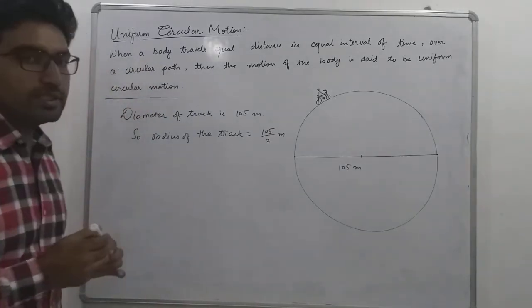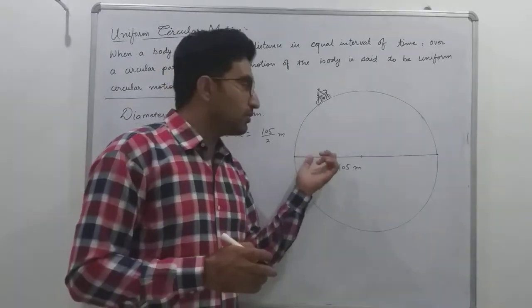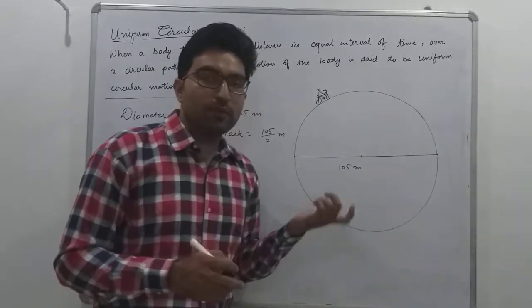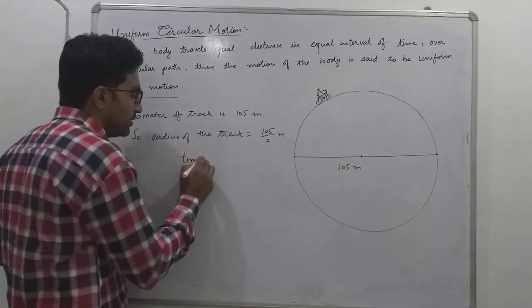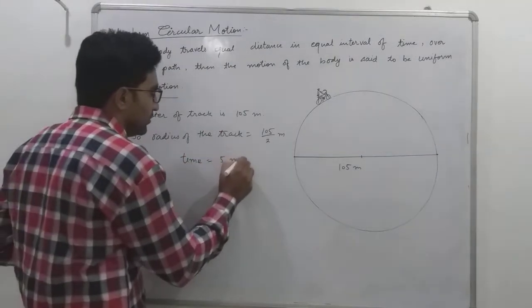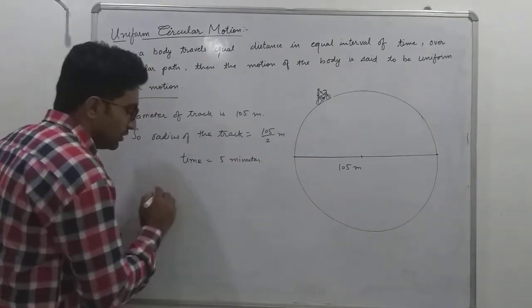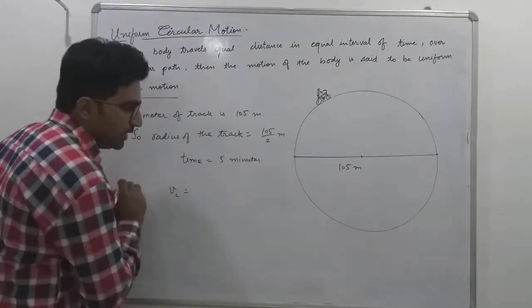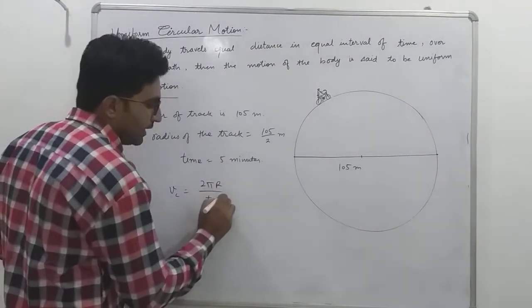The time given is that it completes one circular motion in 5 minutes. So the speed Vc will be equal to 2 pi r divided by time taken.